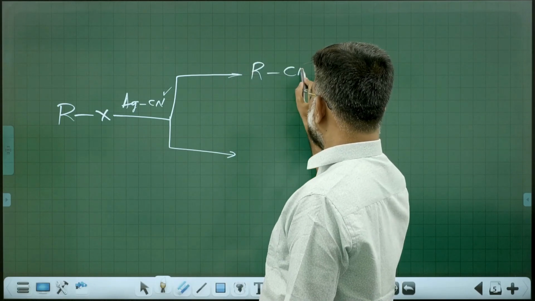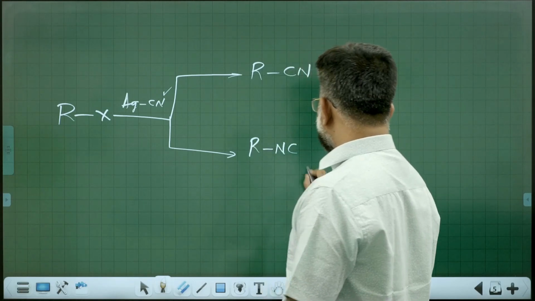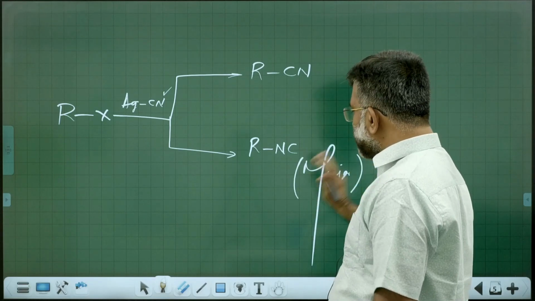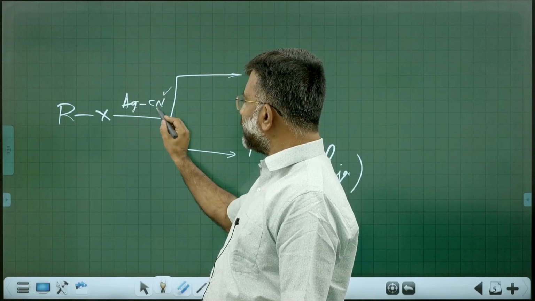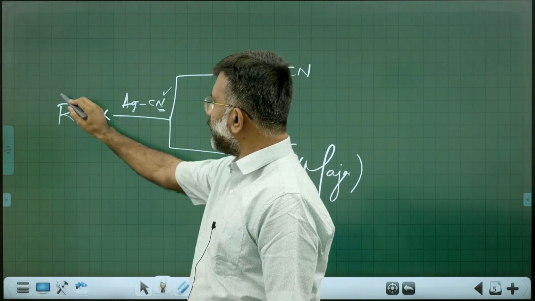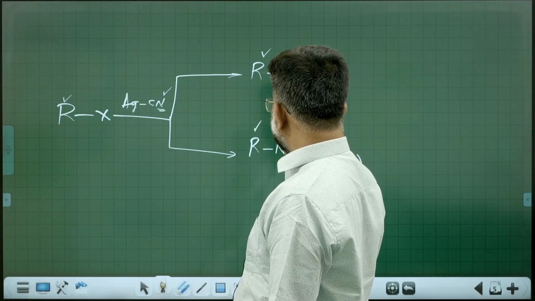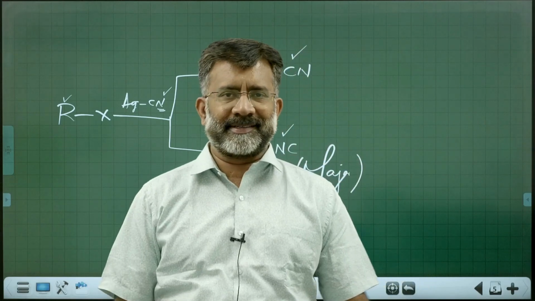You can get RCN and you can get RNC, but RNC will be the major product. And now why is this the major product? Because carbon is already bonded to silver. Nitrogen is free, and binding of R with the nitrogen will be predominant.